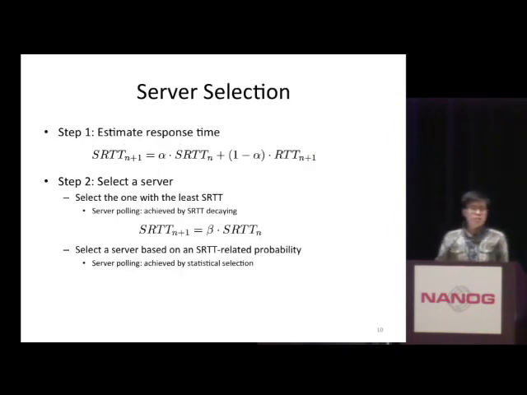So next, I will briefly talk about how those caching resolvers select the name server. Most caching resolvers will use the smoothed round-trip time to estimate the delay to different name servers based on previous queries' round-trip time. Some caching resolvers use a strategy that is to select the name server with the least estimated round-trip time.